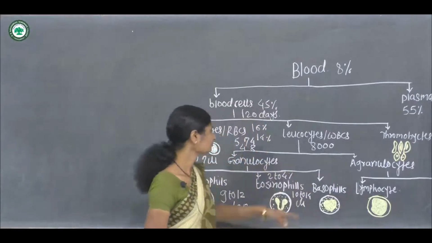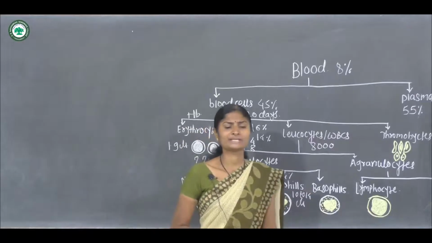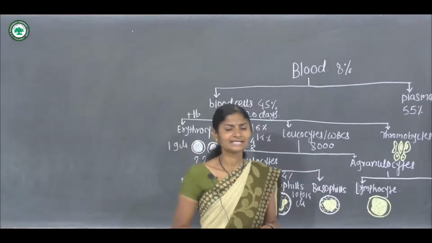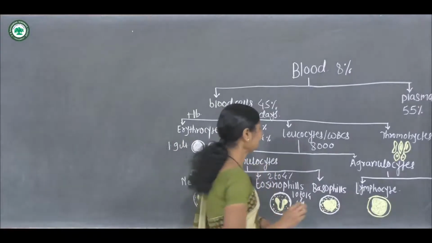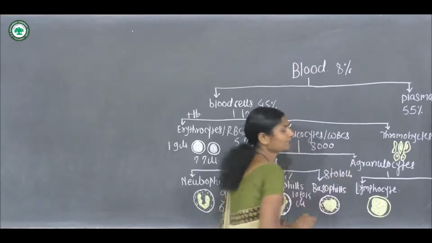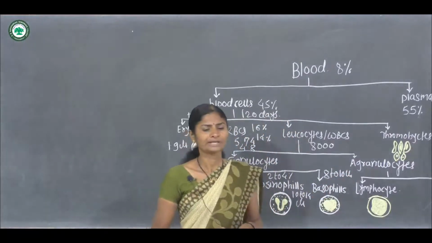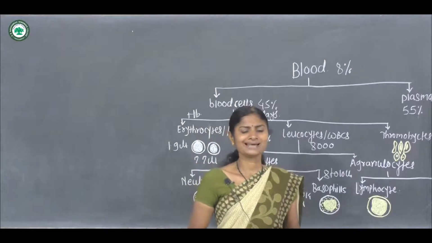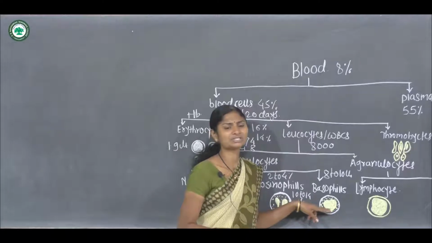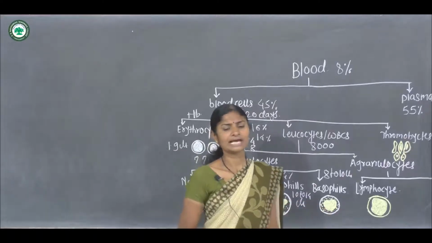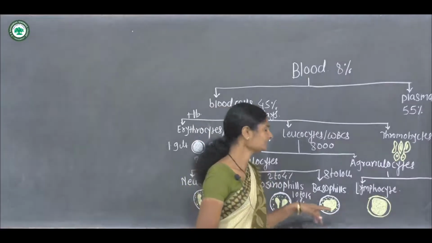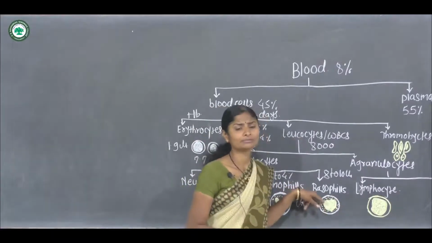Next type is basophils. Basophils are smaller than the neutrophils, and their size varies from 8 to 10 micron. The nucleus is large and irregular in shape. The cytoplasm contains basophilic granules, and these granules are soluble in water.